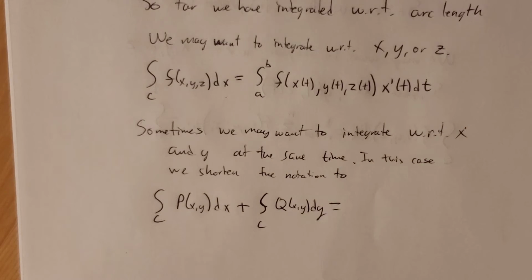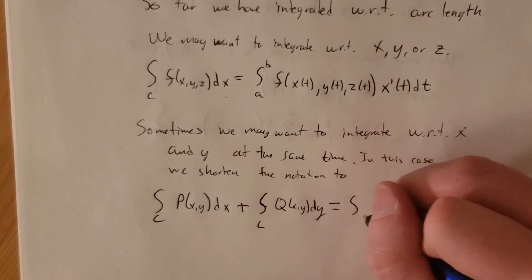If we are doing something like this, x and y will be parameterized in terms of t, so we'll have some function x of t and some function y of t. dx will become x prime dt, and dy is going to become y prime dt.